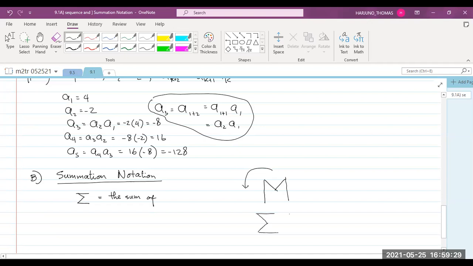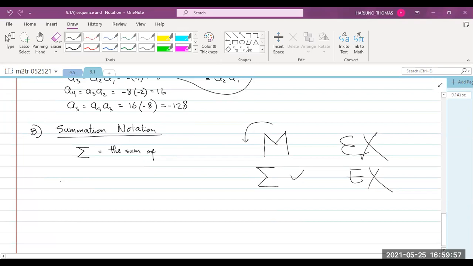Not like this, not E either. This is the correct one. That's the Greek letter sigma. In math, this notation means the sum of, the summation of.